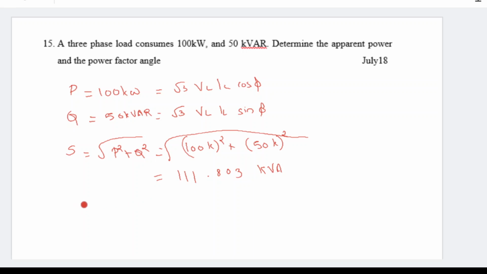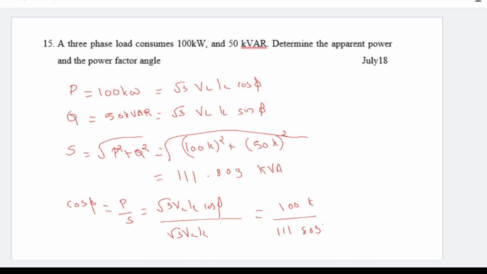Then in order to find out the power factor angle, we can find out cos phi. What is cos phi is equal to P by S, isn't it? Check it. Root 3 VL IL cos phi divided by root 3 VL IL. Very easy, isn't it? So what is P value? P value is we got it as 100k divided by 111.803k. The k and k will cancel.